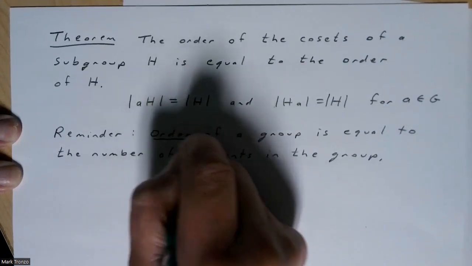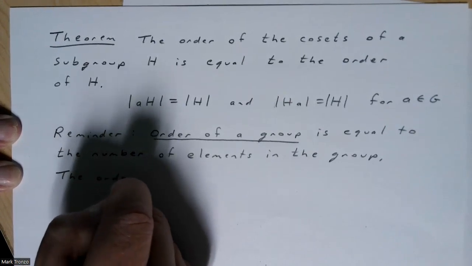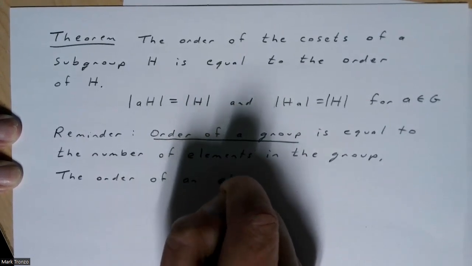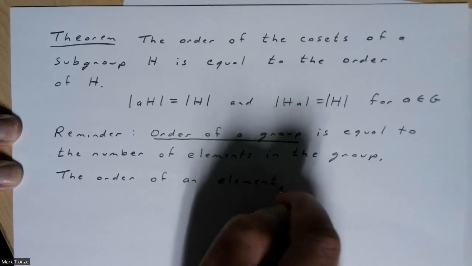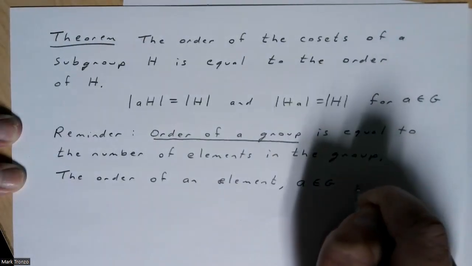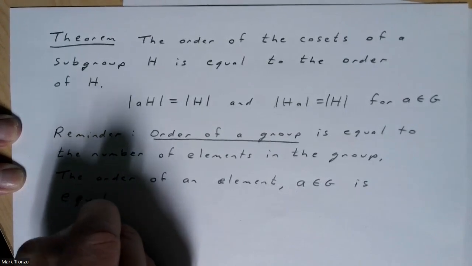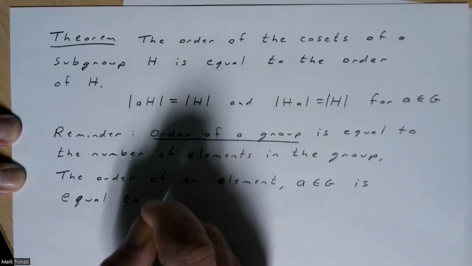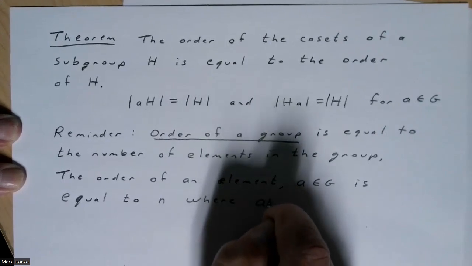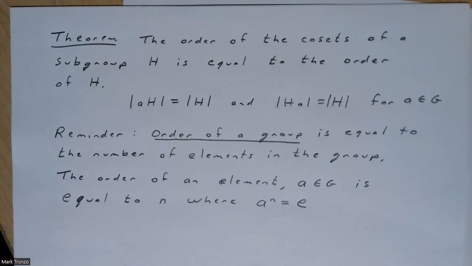So again, here we have the order of a group. The order of an element, let's say A in a group, is equal to n, where A to the n is equal to the identity, like this.